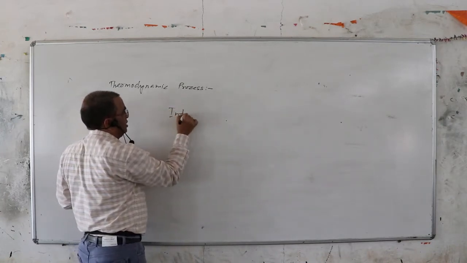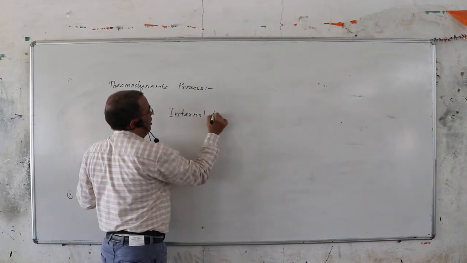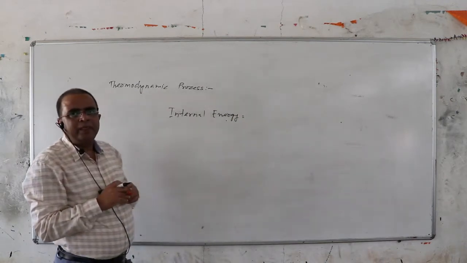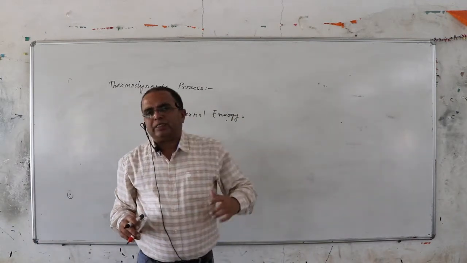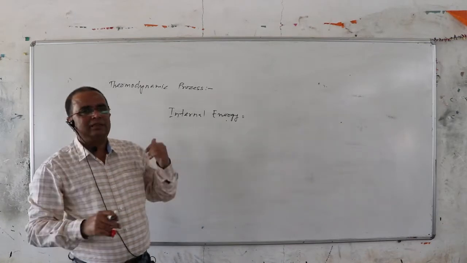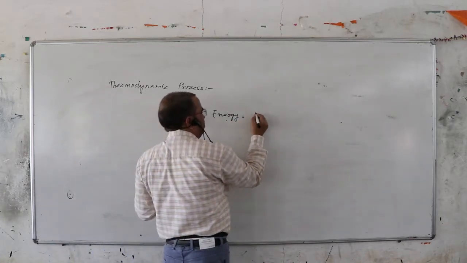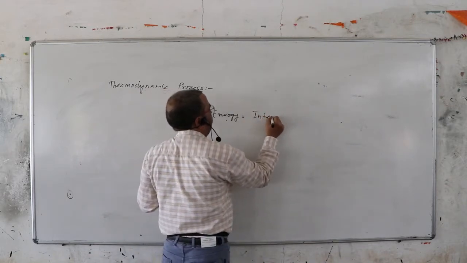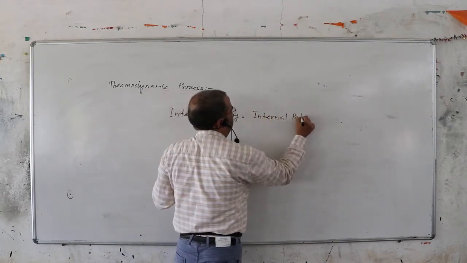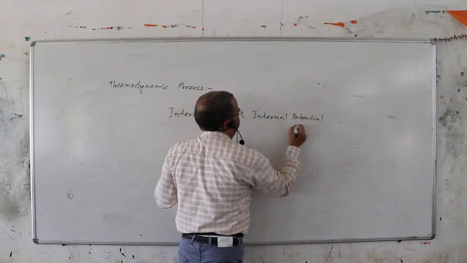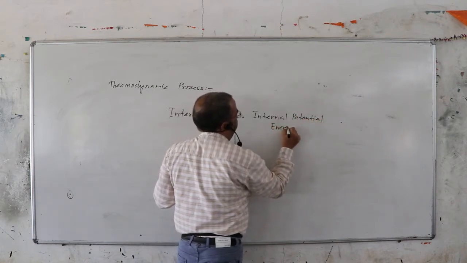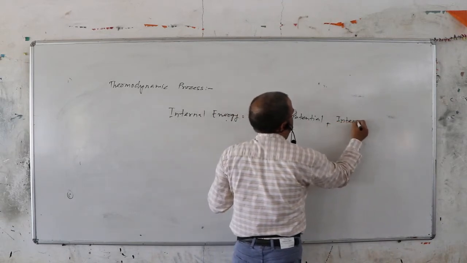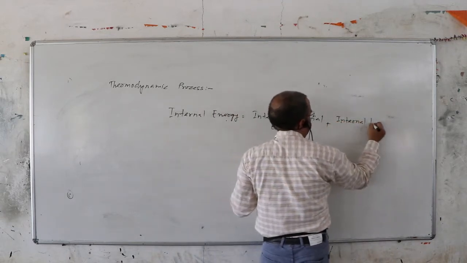Since we have discussed this in detail in KTG, the internal energy of a gaseous system is exactly the sum total of two energies: internal potential energy as well as internal kinetic energy.